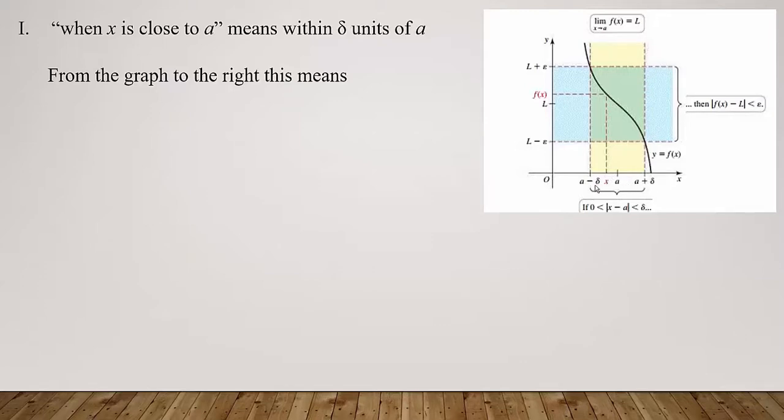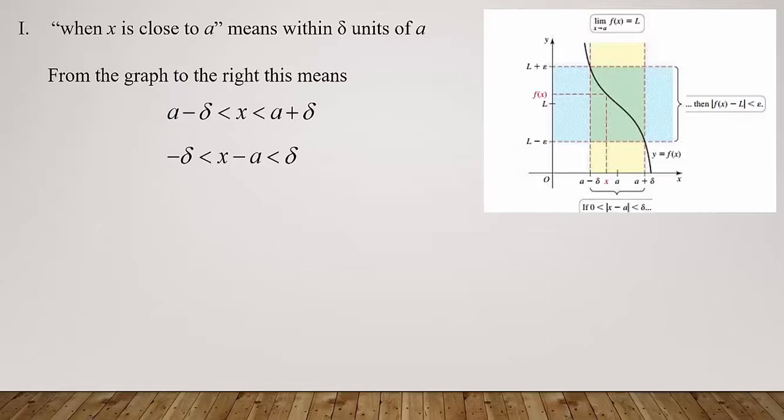Well, that sounds like a compound inequality to me. I can subtract a from each piece of the inequality to get negative delta is less than x minus a is less than delta.